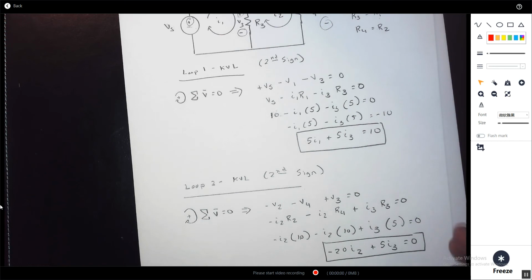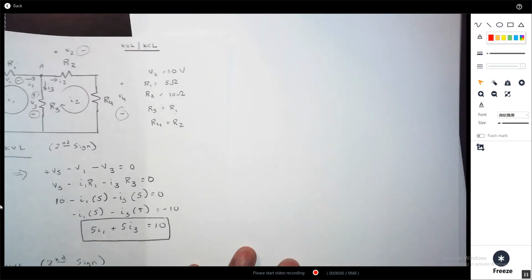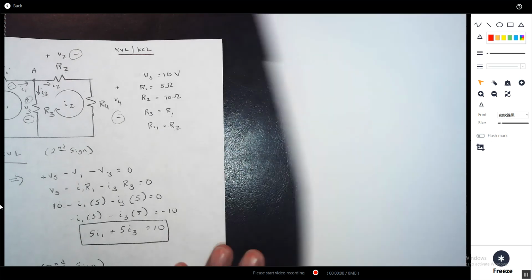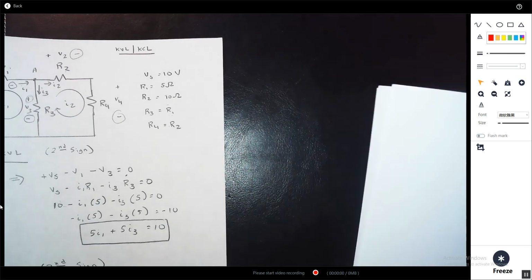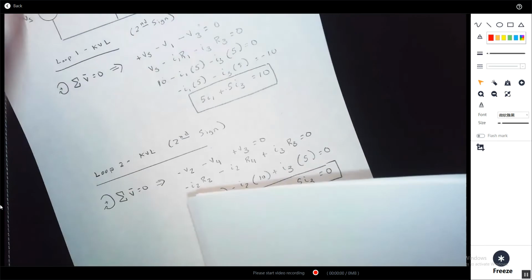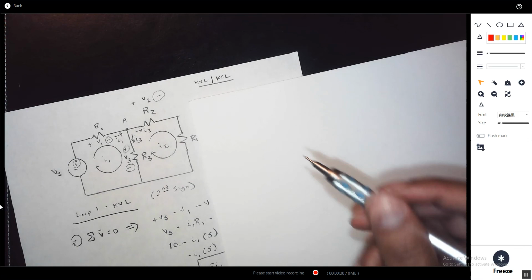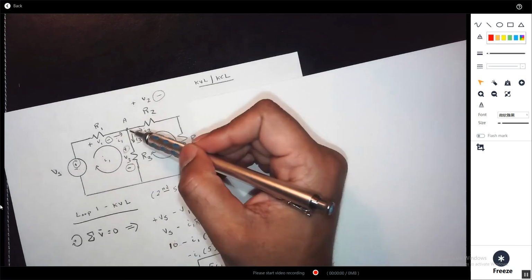Okay? And you'll have one more equation, which I will do side by side. Okay? The last equation you'll have is off the node. Okay? So here, I'm going to operate side by side. So here we see node A. Right?